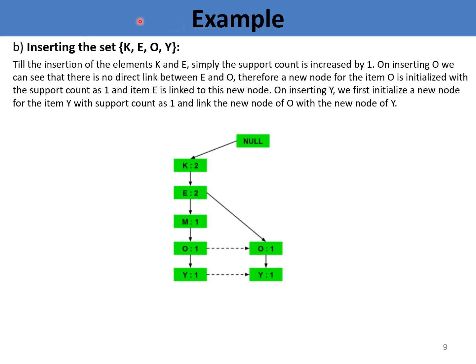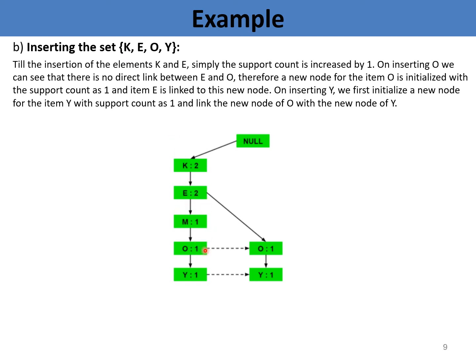Next is to insert the keys K, E, O, Y. So now K and E support we will increase by 1, as these two items are already in sequence in the tree.